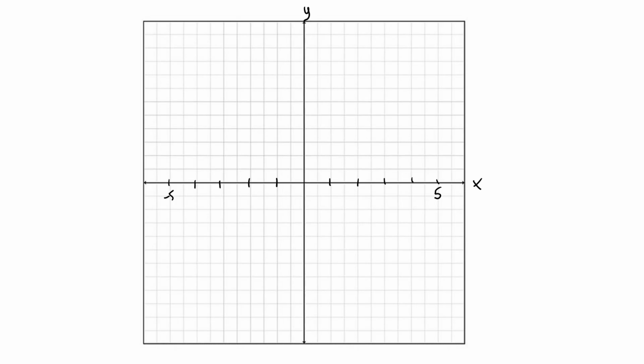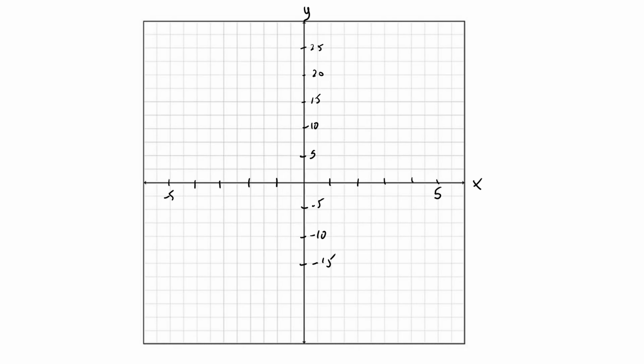The values went up to 24, so let's do 5, 10, 15, 20, and then 25. The negative values went down just to minus 11, but that's okay. We're going to go down to minus 5, minus 10, and minus 15. So there's going to be our graph.